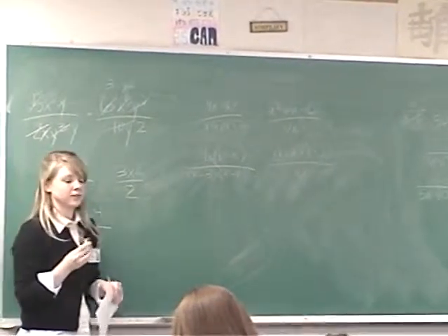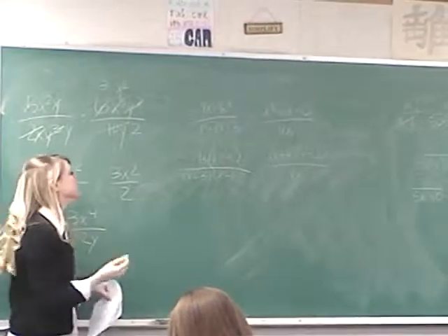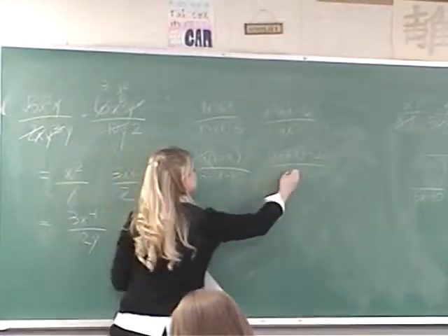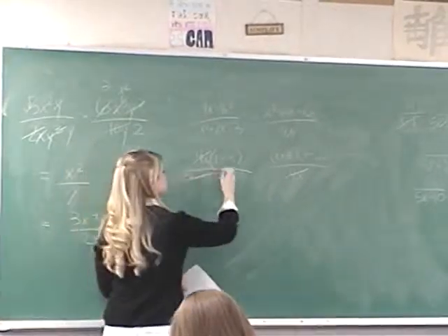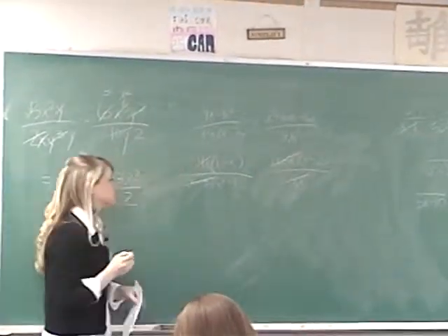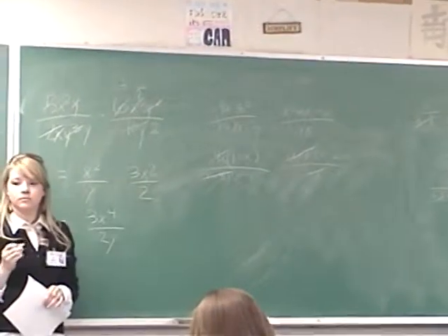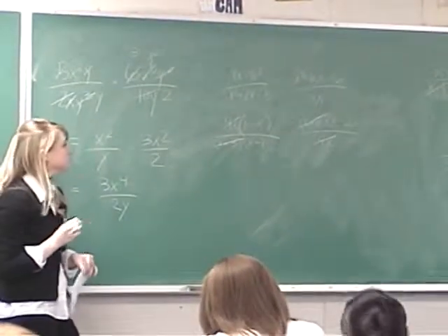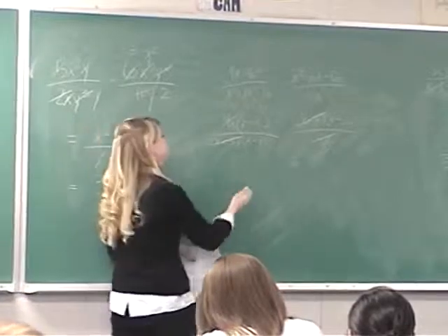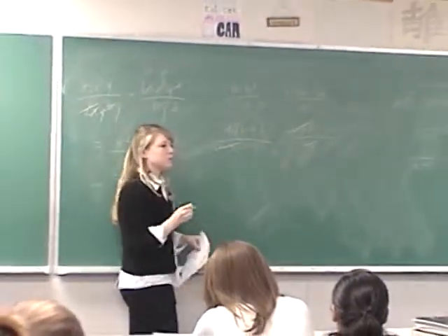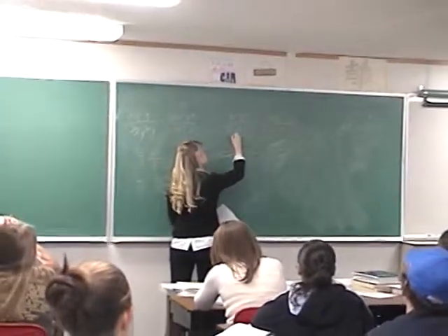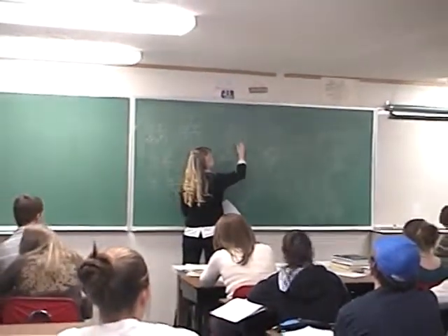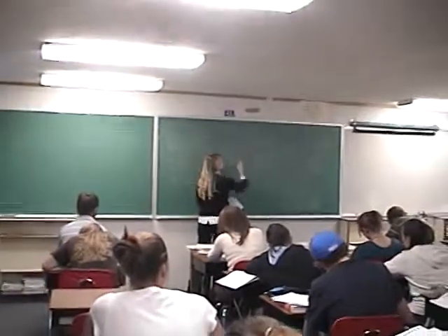So what can we cancel here? 4x. Anything else? These ones right here, to try and get rid of those, to this top one we'll take a -1 out, which would leave us with x plus 1. See how that works?